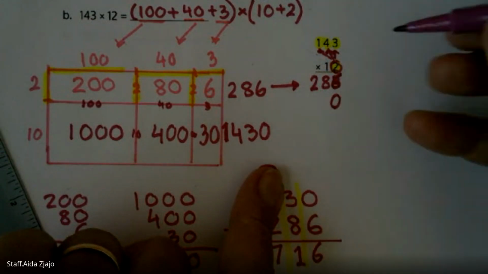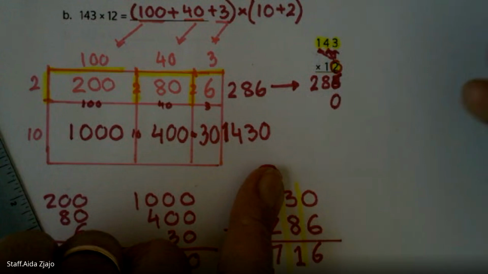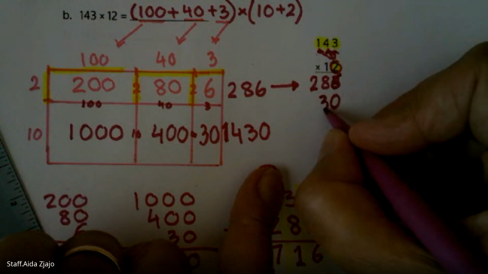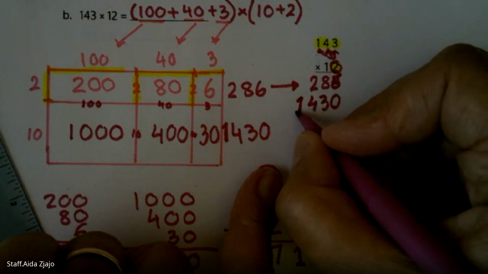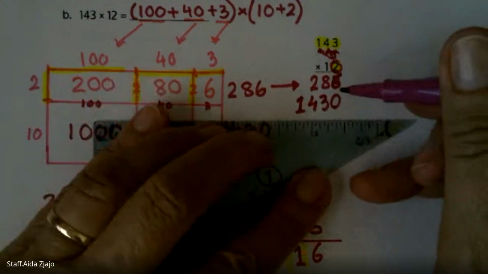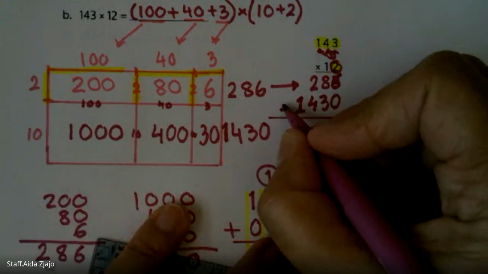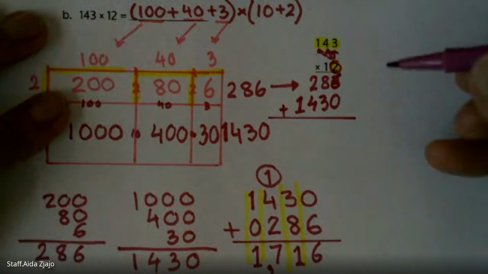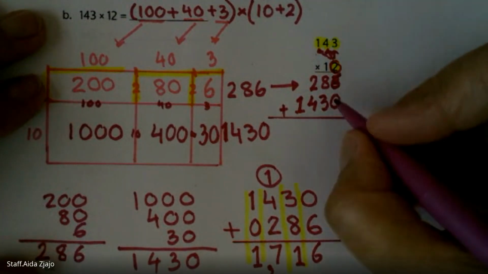So now you use this 1 with all the numbers on the top. 1 times 3 is 3. 1 times 4 is 4. 1 times 1 is 1. That is the standard algorithm, just a quick process to do multiplication if you know your basic facts.